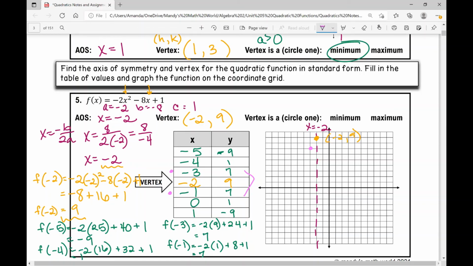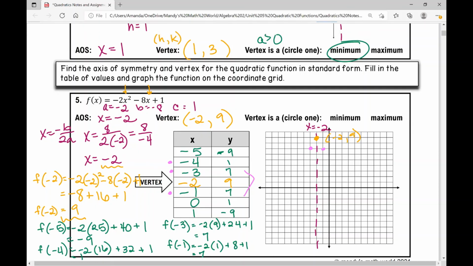Y is also 7. Then I'm going to plot the point that is 2 to the left of my vertex, which is when x is negative 4, y is 1. That's right there. And then I'm going to plot the point that's 2 units to the right of that vertex, which is when x is 0, y is 1.